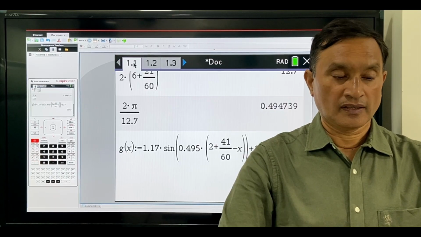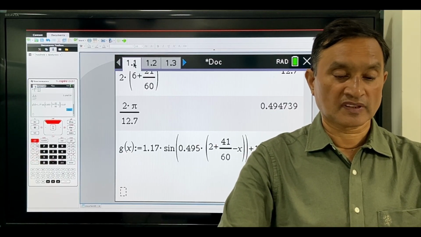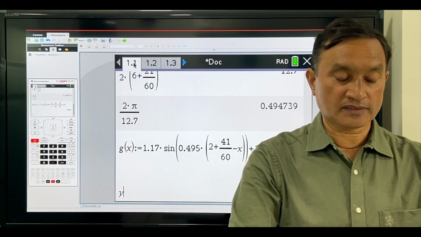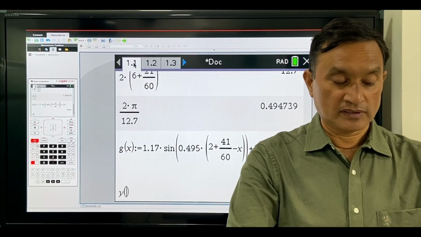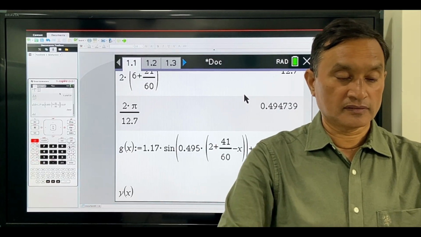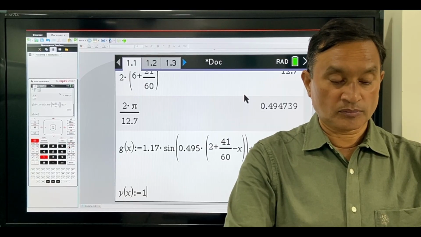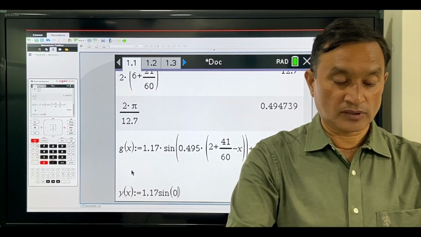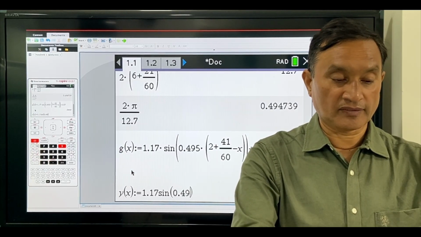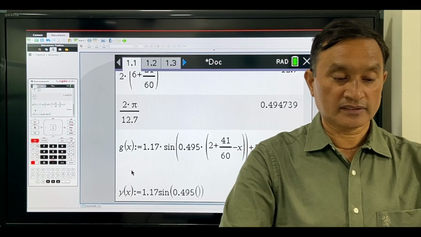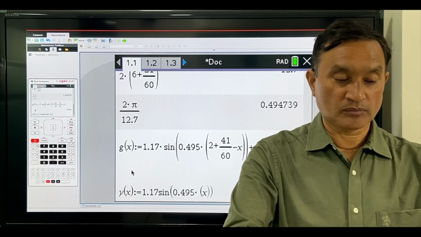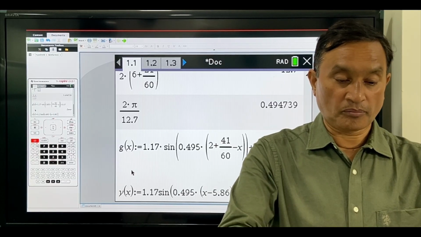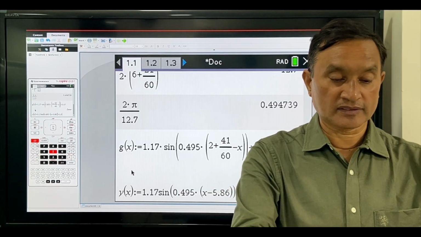H of x. Here we will use another notation, that is y of x, 1.17 sine 0.495 bracket x minus 5.86 plus 1.57.